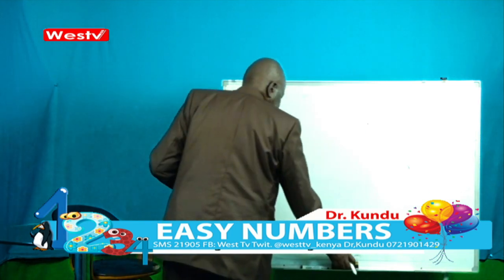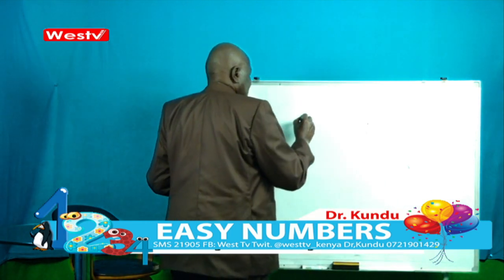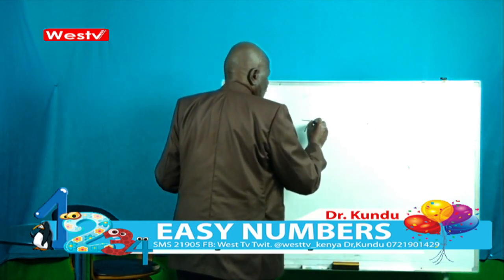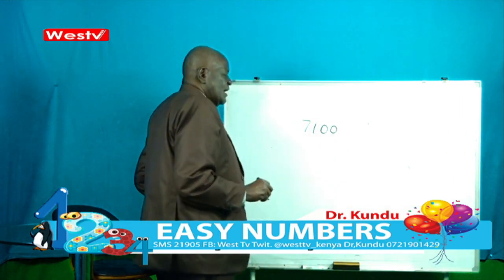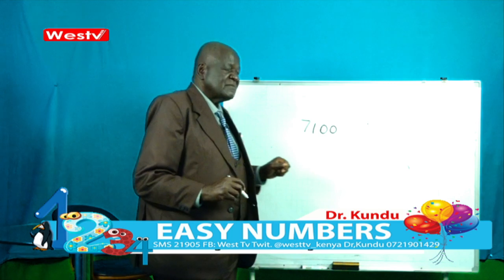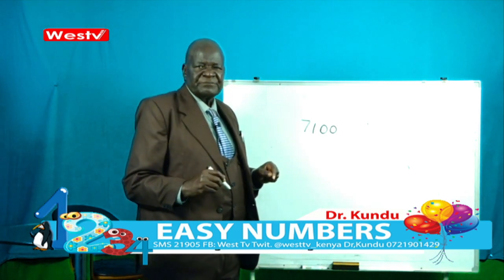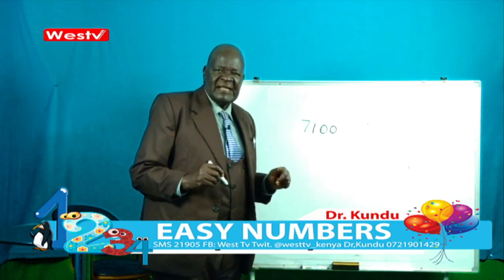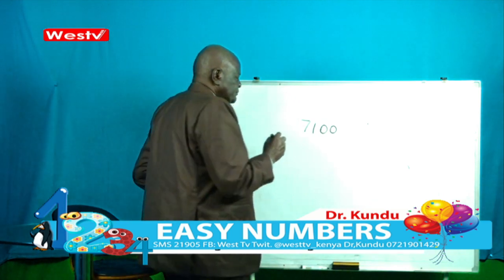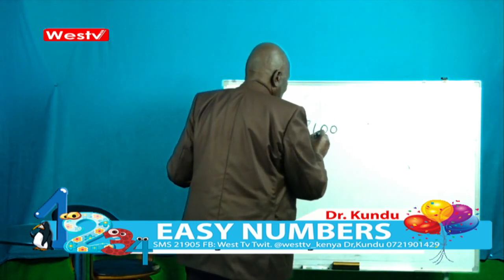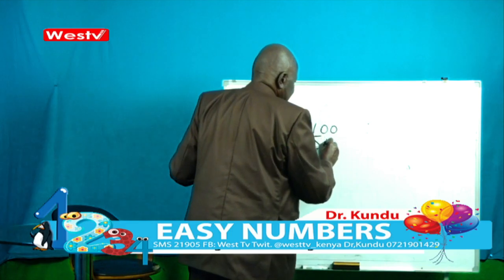A bicycle in a shop, for example, goes for 7,100. In the year that was, a bicycle dealer sold some 510 bicycles.